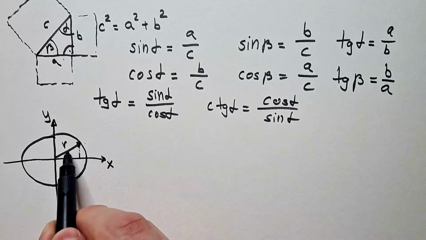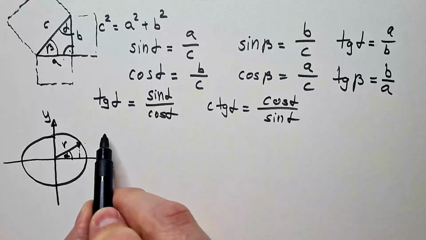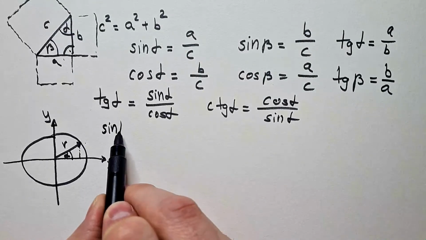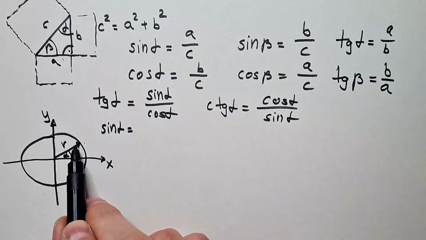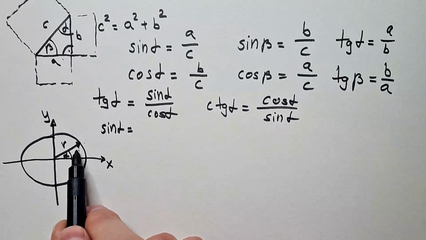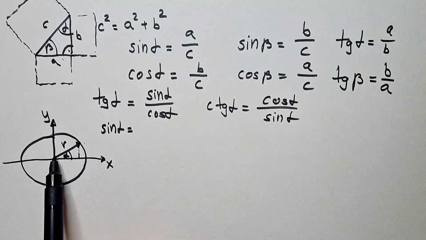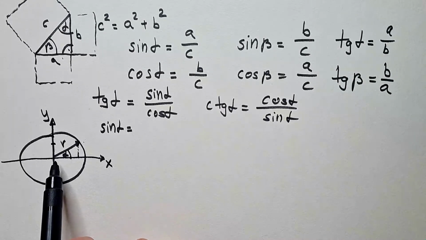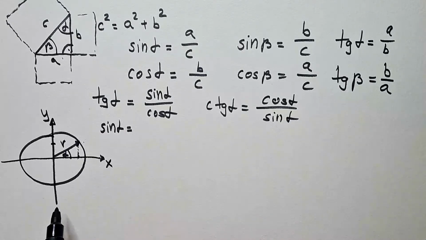If I call this angle alpha, we can see that sine alpha is opposite over the hypotenuse, but what is more important, sine is the projection of this vector r on the y-axis. Cosine is the projection of this vector on the x-axis.